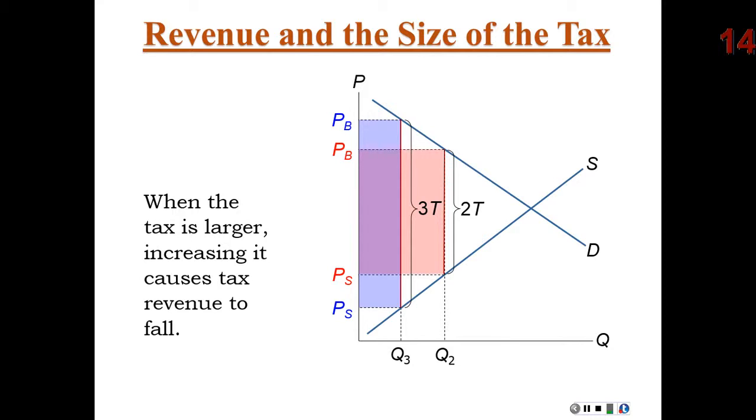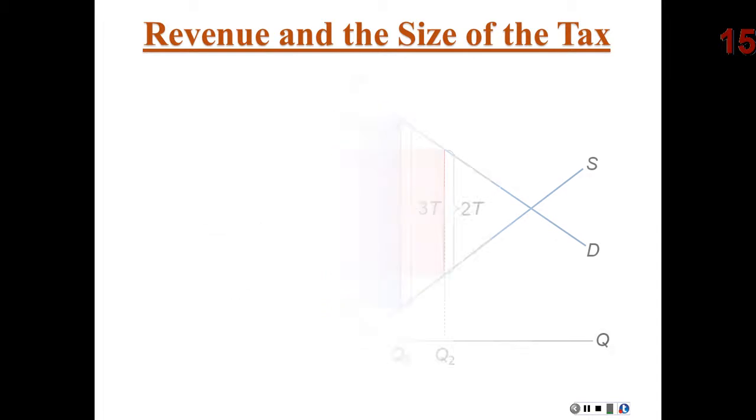So as you increase the tax rate, tax revenue might initially increase, but you might reach a point where tax revenue actually goes down because the tax rate destroys so much economic activity that it's just not going to be able to generate enough revenue.